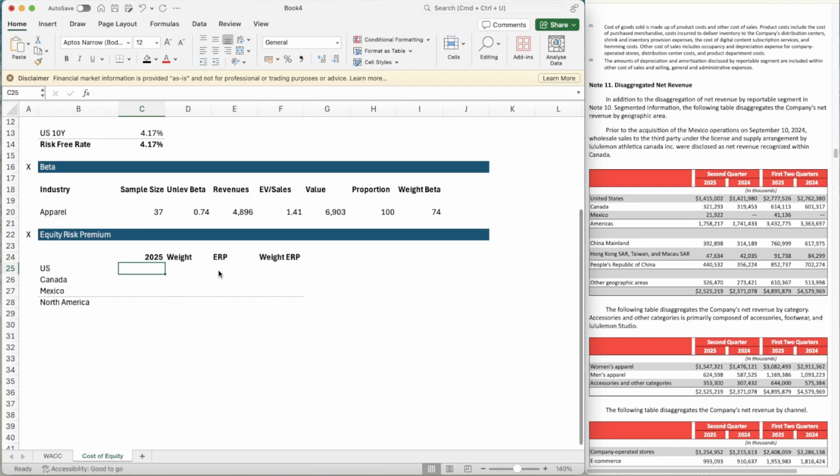So US, again, we're getting the first 2 quarters. So we go 277.526. All we're doing is trying to work out where Lululemon generates its revenue from and what the risks to those cash flows are.